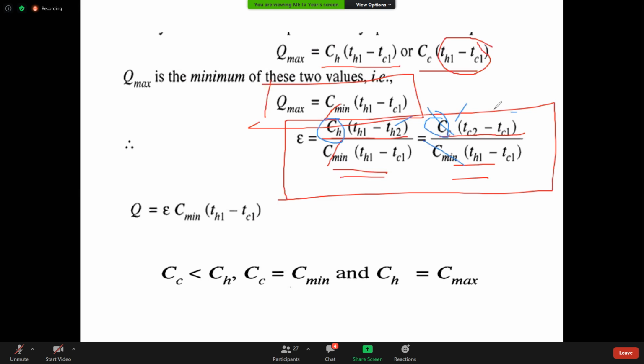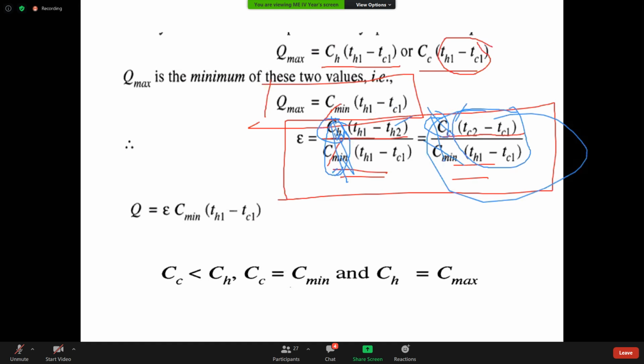Then this becomes the effectiveness. So the minimum will be there among the two. Here is the maximum; this cannot be used as effectiveness. Right? These two get cancelled. Suppose the hot fluid heat capacity is the minimum; these two get cancelled. So we can see the maximum goes away, and this C minimum remains. So this cannot be used. This has to be used for calculation of effectiveness.